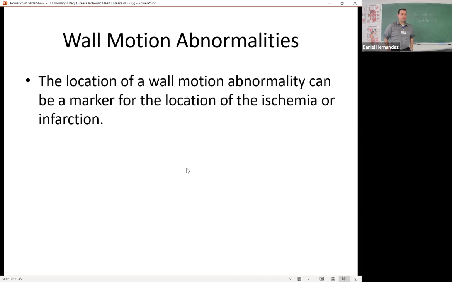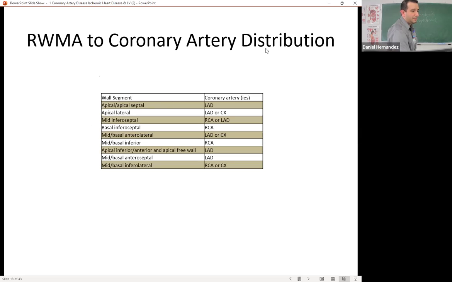All right, so now we're talking about wall motion abnormalities. The location of a wall motion abnormality can be a marker for the location of ischemia or infarct. So we can use our wall motion abnormalities to determine which coronary arteries are involved, or just be familiar with which wall segments are supplied by which coronary arteries.